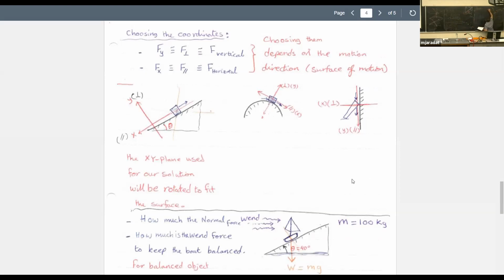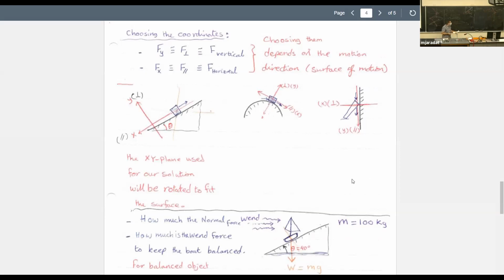We have wind, and this boat has, what's the name of these things? Sails. Okay, thank you. The force of the wind is F applied, which is equal to how much? In the example, maybe it is 1,000.